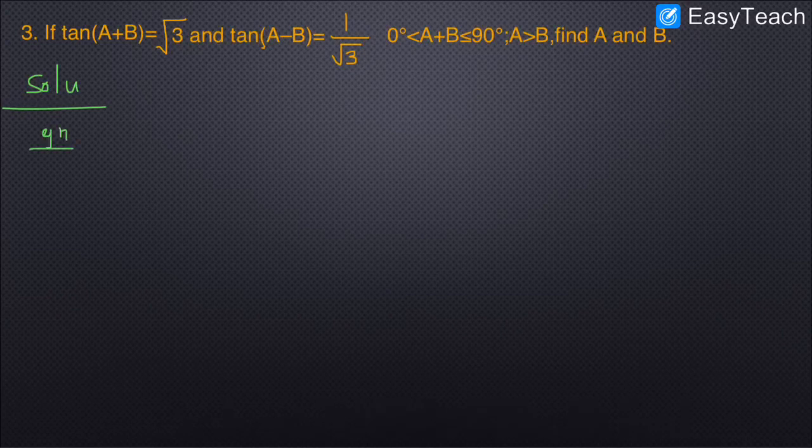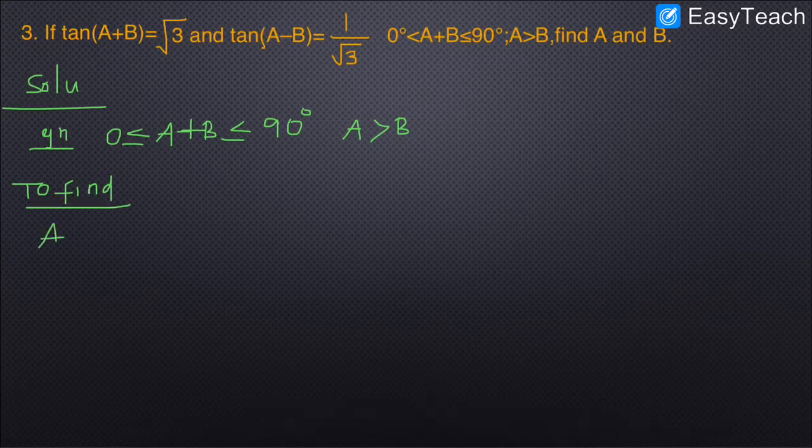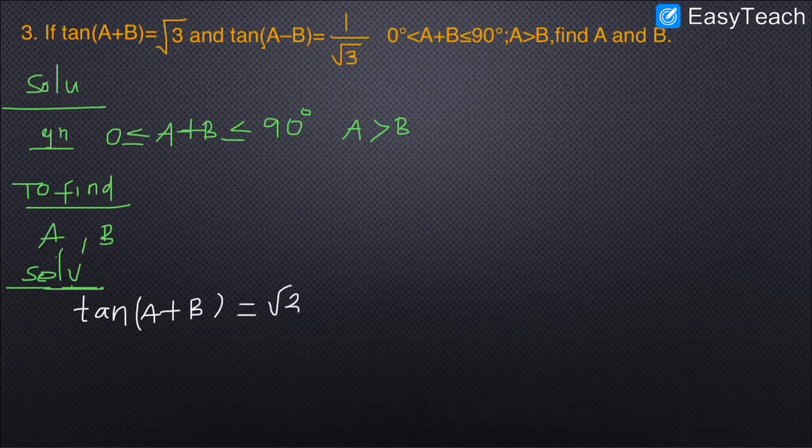Okay, let's start the problem. So here I write tan of a plus b equals root 3. Two equations are given. First I take the first one, tan of a plus b equals root 3. So what is the angle for root 3? From the table, we have two angles, but prefer to choose tan, because on the LHS we have tan of a plus b.